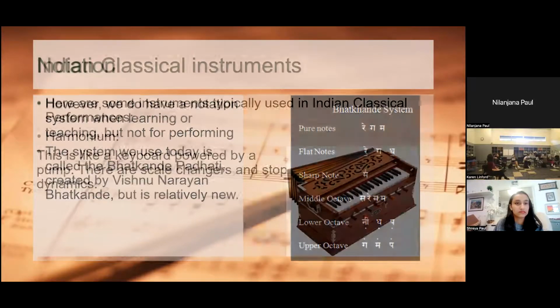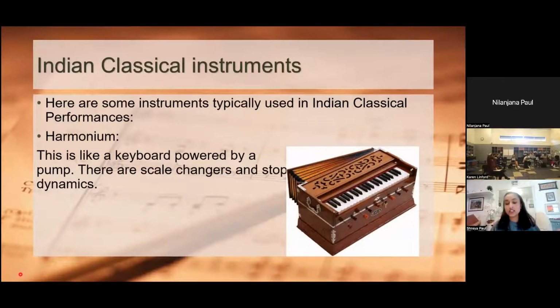So more instruments. These instruments I'm going to show you are instruments that are used for melody. The first one is called the harmonium. I think I mentioned that just now. This is like a keyboard which is powered by a bellow or a pump. So what you would do is you'd normally be sitting on the floor cross-legged, and it would be a big box in front of you.